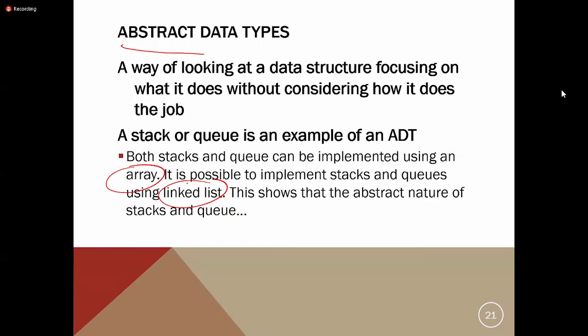But how they differ comes in when we look into the program itself. How it works is different. Stacks and queues, how they work are different, right? But both can be implemented using arrays or linked lists. So that is the abstract nature of these data structures.